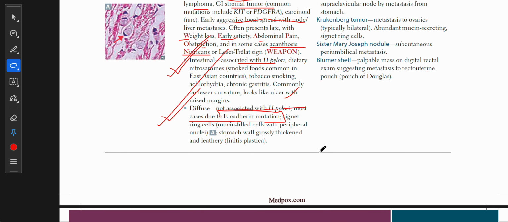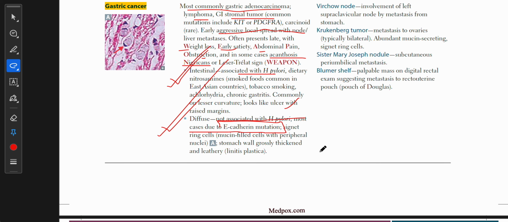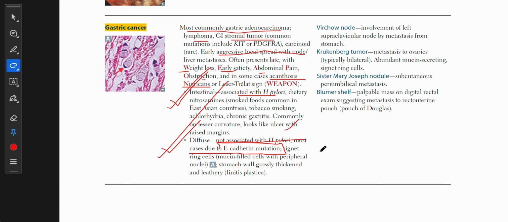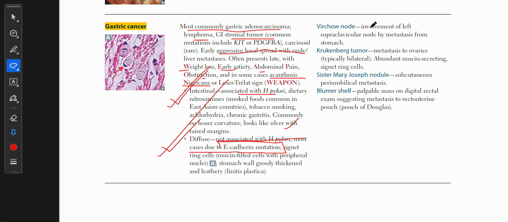So E-cadherin mutation is present in the diffuse type of gastric cancer. So what is Virchow node? Virchow node is the involvement of the left supraclavicular node by metastasis from the stomach, right? In Krukenberg tumor, what actually happens is metastasis to the ovaries occurs, typically bilateral, and abundant mucin-secreting signet ring cells are present there.